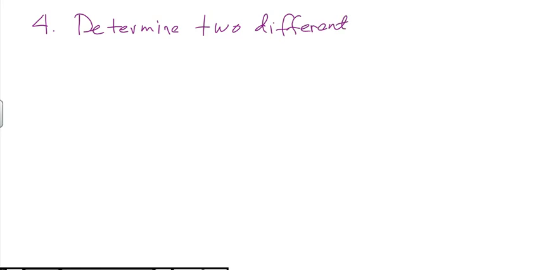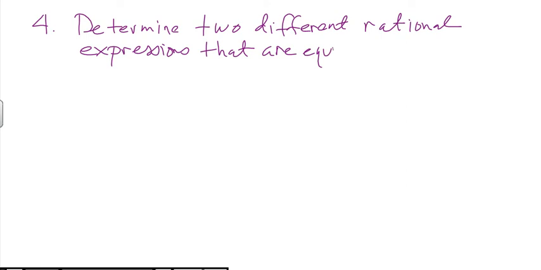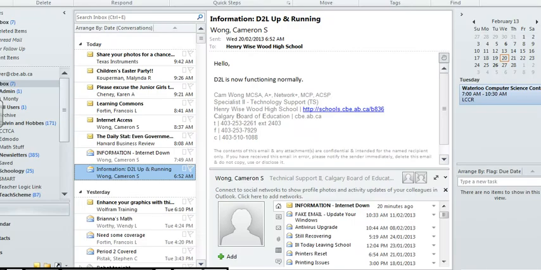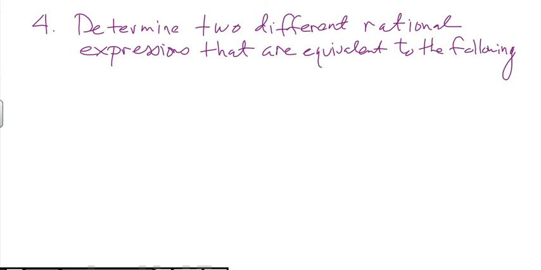So let's do that. Number 4. Determine two different rational expressions that are equivalent to the following.